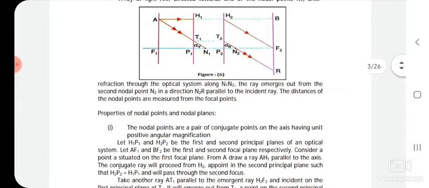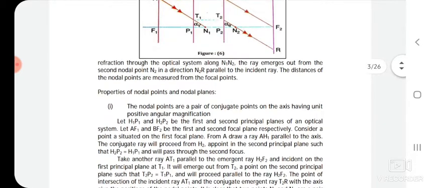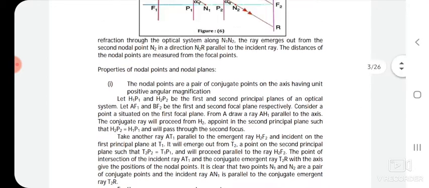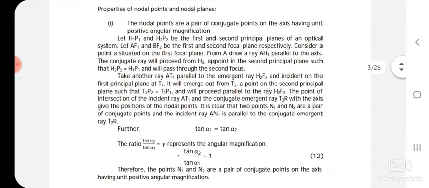Further, if we see the angle, tan alpha 1 is equal to tan alpha 2. The ratio of tan alpha 2 by tan alpha 1 is equal to gamma. It represents angular magnification, which means tan alpha 2 by tan alpha 1 is equal to 1.